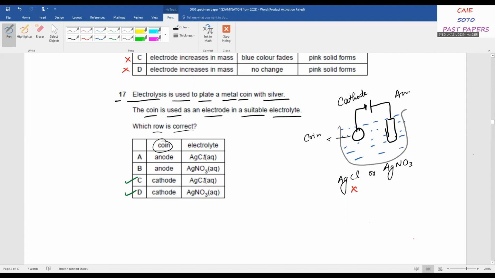This is anode. This is silver. So AgNO3 will be the electrolyte used. This is the right choice. So the correct answer will be D.